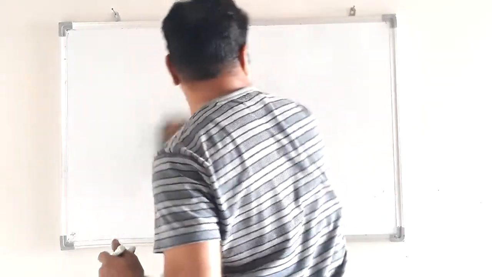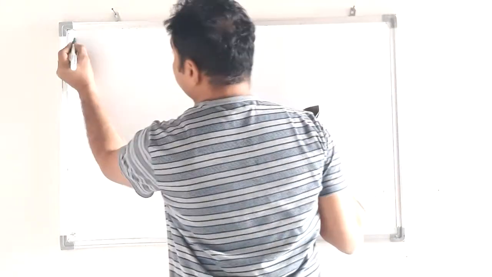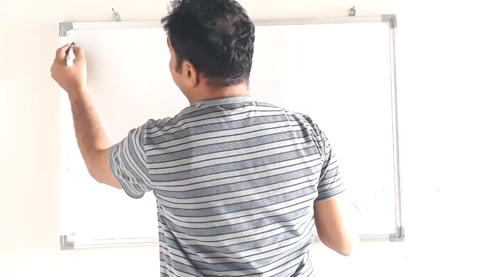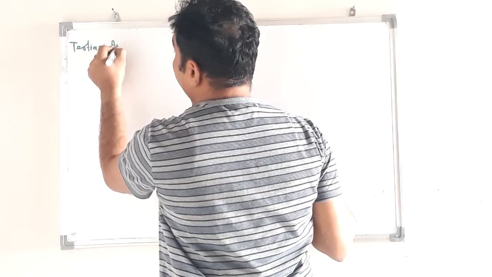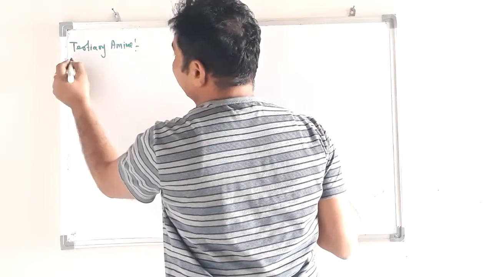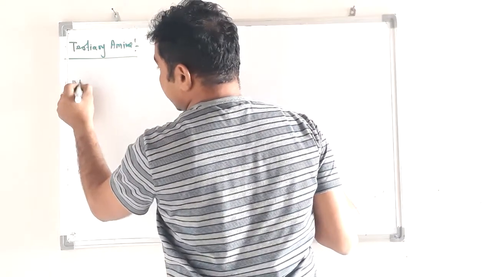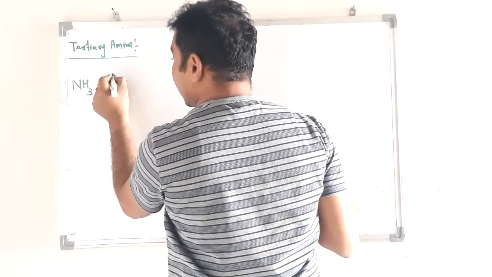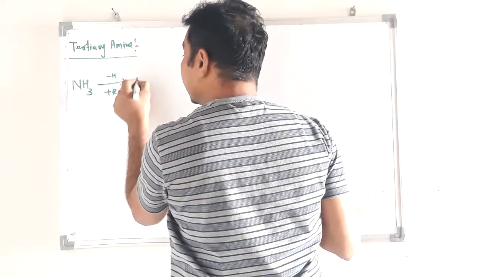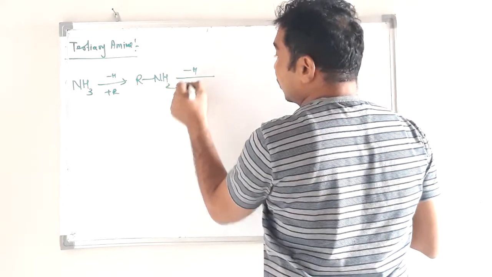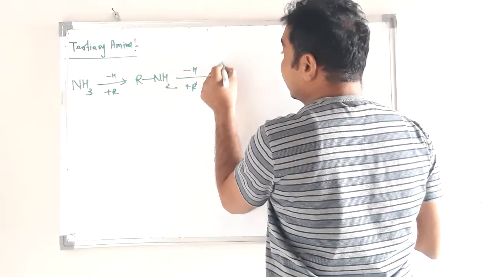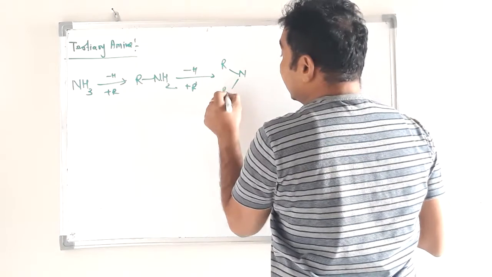Now tertiary amines. Same thing. Consider ammonia, replace one hydrogen by an alkyl group, then we get a primary amine. Again replace one more hydrogen by an alkyl group, same or different, then we get a secondary amine.